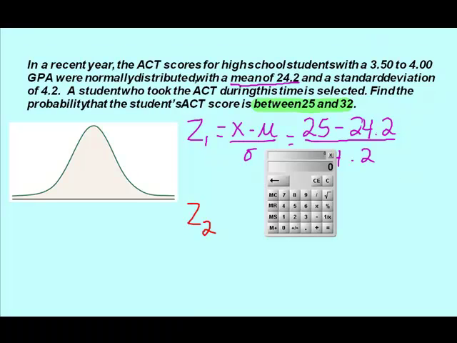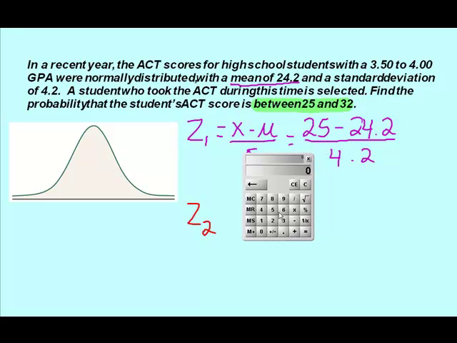What will the z-score be? 25 minus 24.2 divided by 4.2 is 0.19.